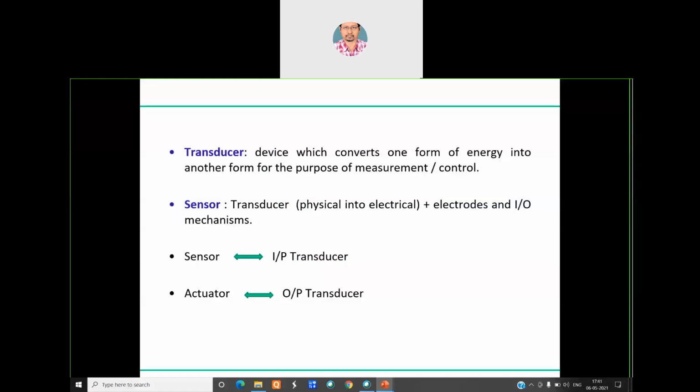The output of the transducer or sensor is always DC. Whenever you require input-output mechanisms so that the data you get from the sensor or transducer can be stored or processed as per your need, you require additional add-on devices, that is the electrodes and the input-output mechanisms. Remember, the electrode is very, very important.